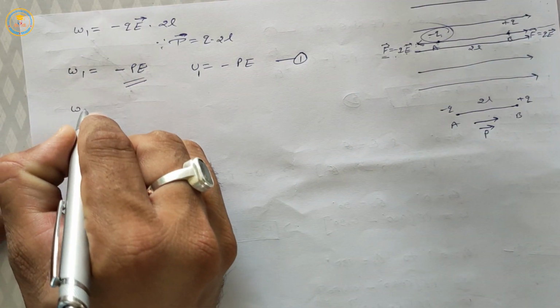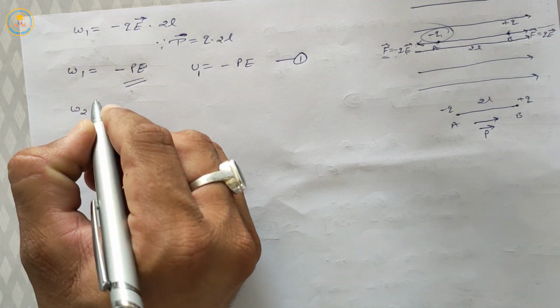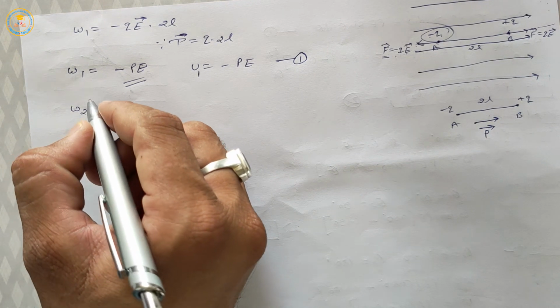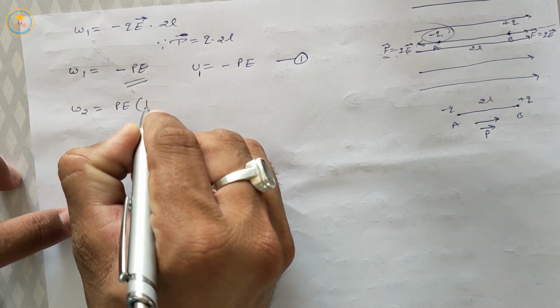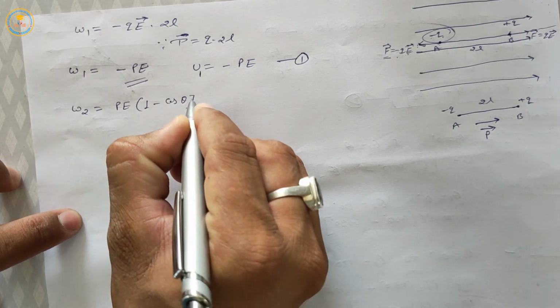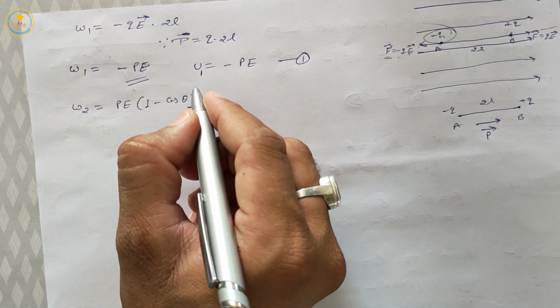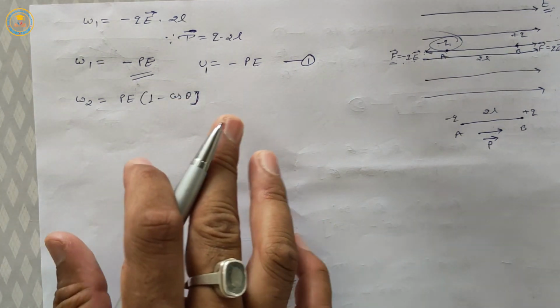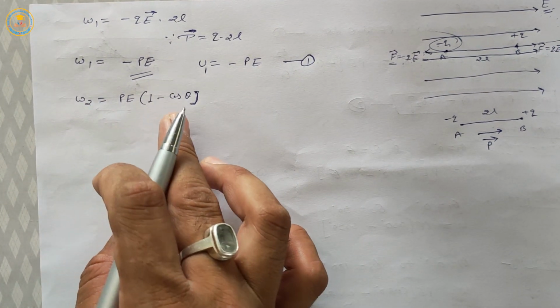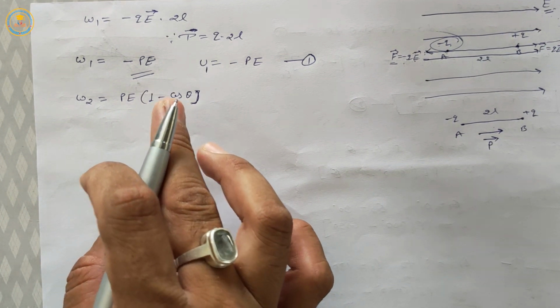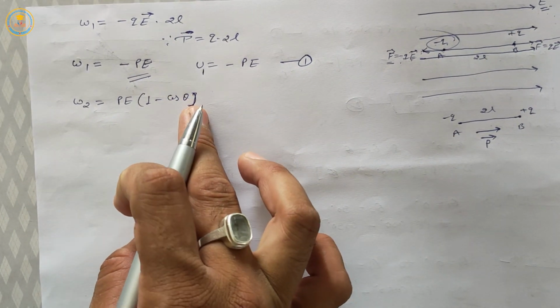then this work done, we studied in the previous derivation, W is equal to pE(1 minus cos theta). This is the work done in rotating from stable equilibrium, meaning the parallel position, to position theta.